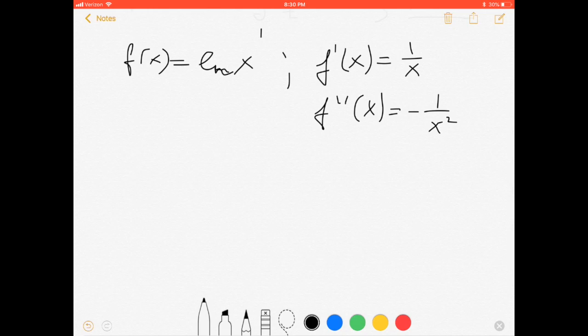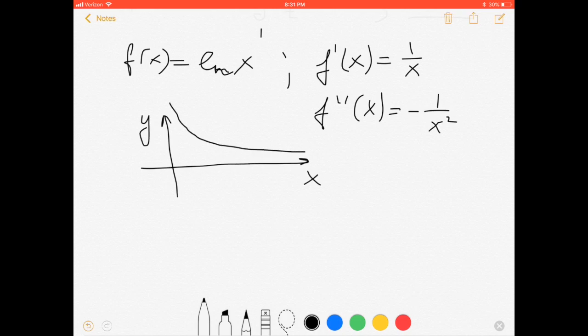Okay, if you remember what an integral means, I plot my function y equals 1 over x. It's okay, you believe me, it's close enough.